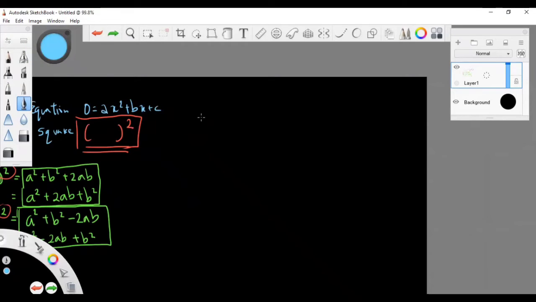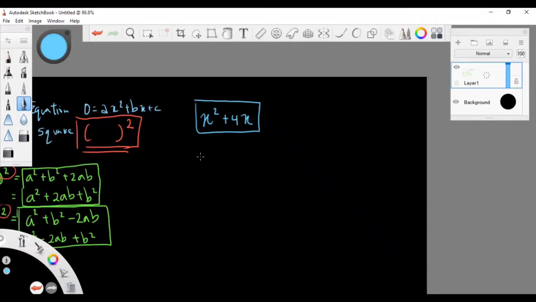Let's say I have x squared plus 4x, and I want to make this into a complete square. How do I do this? I want to give you the graphical approach, or the drawing approach.